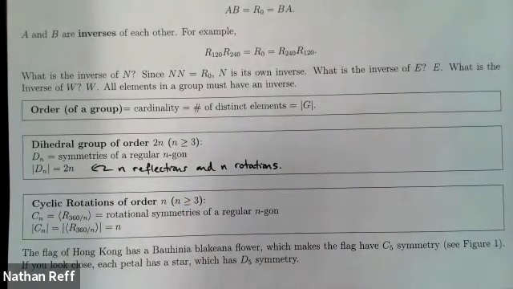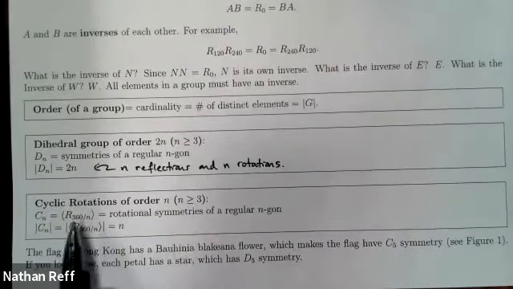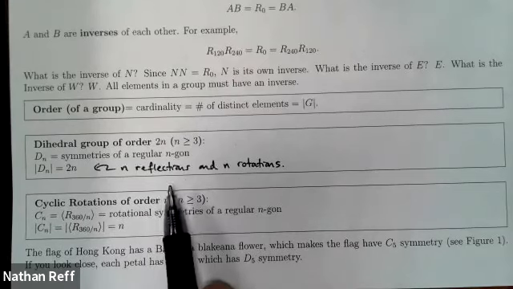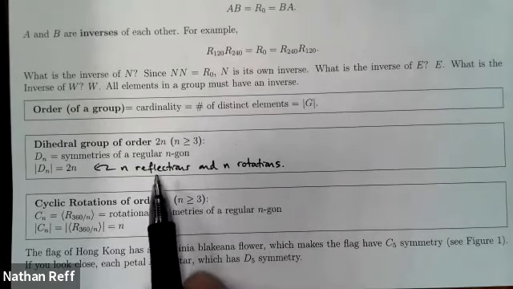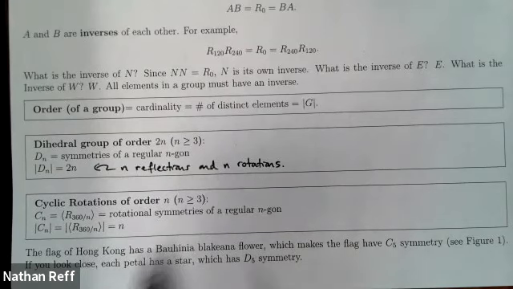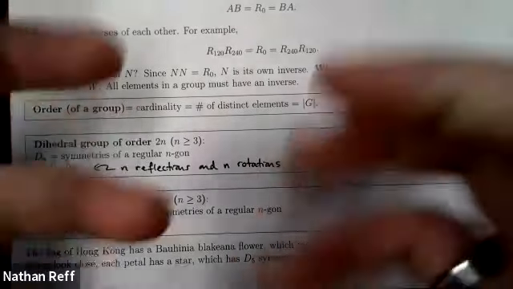And another type of group that we'll see throughout this course is cyclic rotations of order n. So if you ignored the reflections and you just looked at the rotations, sometimes you have objects that only have a rotational symmetry. Do you remember back when you were a kid, you had those pinwheel toys that spin?